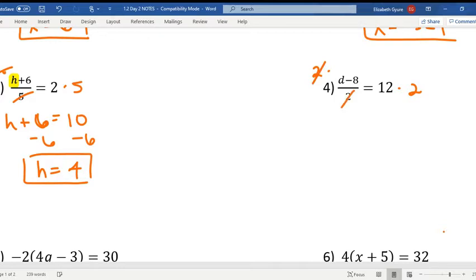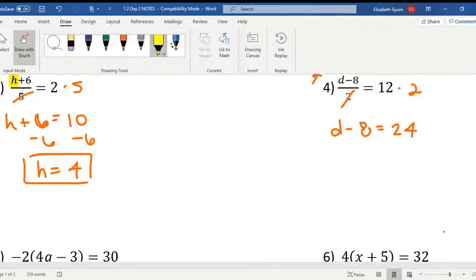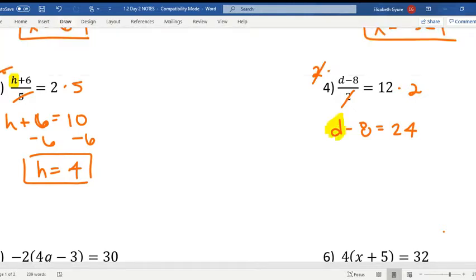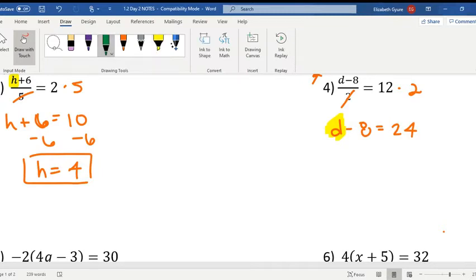All right, so cancel out your 2's over there. You'll get d minus 8 equals, what's 2 times 12? 24. Good. Okay. Now we're almost done. We need to just get our variable all by itself, which means we need to get rid of that -8, right?